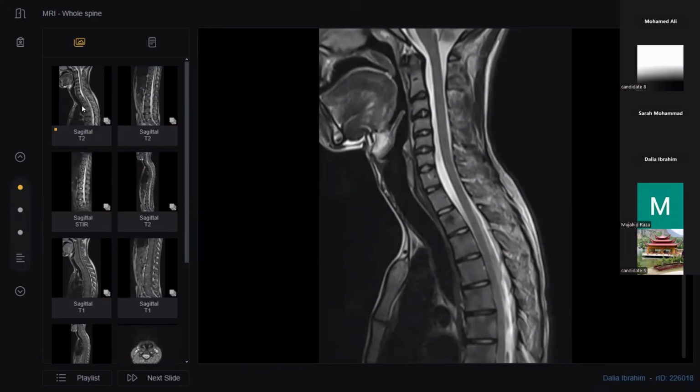Okay, I will start commenting on the alignment as you said. We have a straightening. Number 2, we will focus on the marrow signal of the vertebrae. Number 3 on the discs. Number 4 on the spinal canal and the spinal cord. So if you report it this way, your report will be very organized, and you will be conclusive in the end.